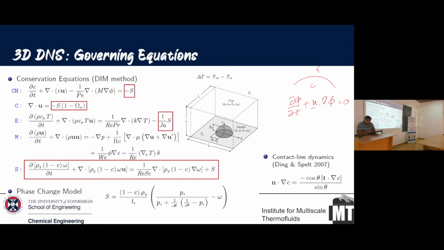In the volume of fluid method, you have a volume fraction, and you get something like u dot grad c equals 0. What we are doing is moving away from the volume of fluid method. There is no such thing as a truly sharp interface method. Whether you use a level set method or a volume of fluid method, the interface is always a part of a grid.